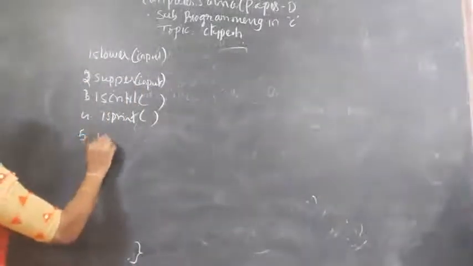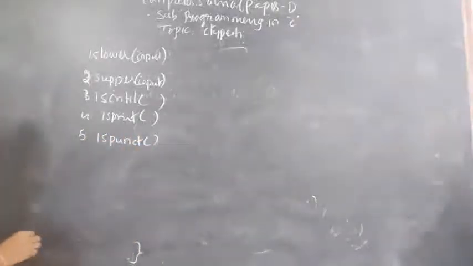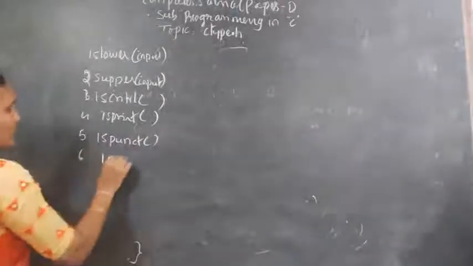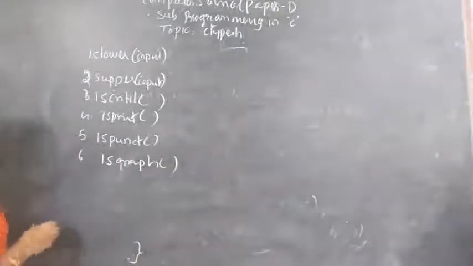The next one is ispunct. Whether the given character is a punctuation character or not. Next is isgraph. Whatever character you have entered, it checks whether it is a graphical character or not.